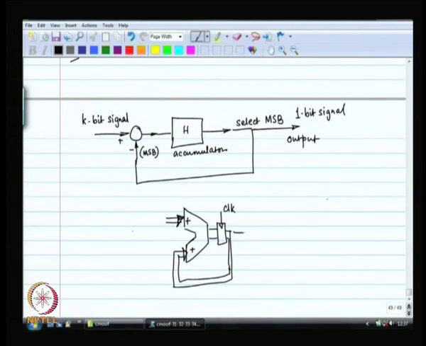So, this has a transfer function of, let us say this is y, this is x, right.